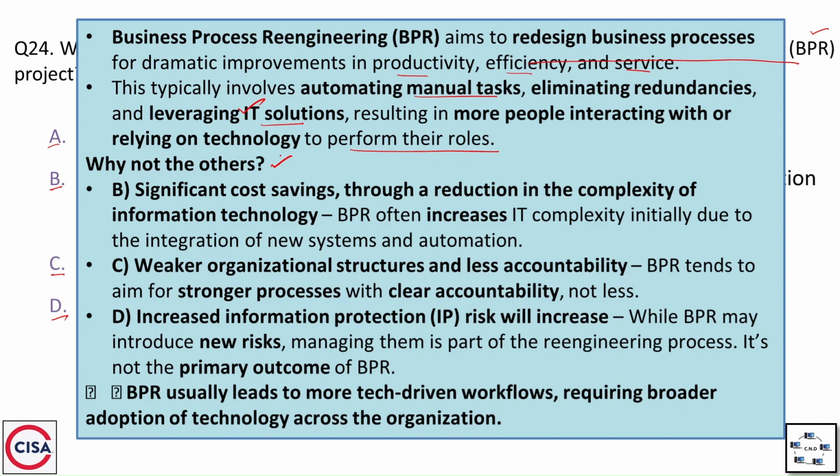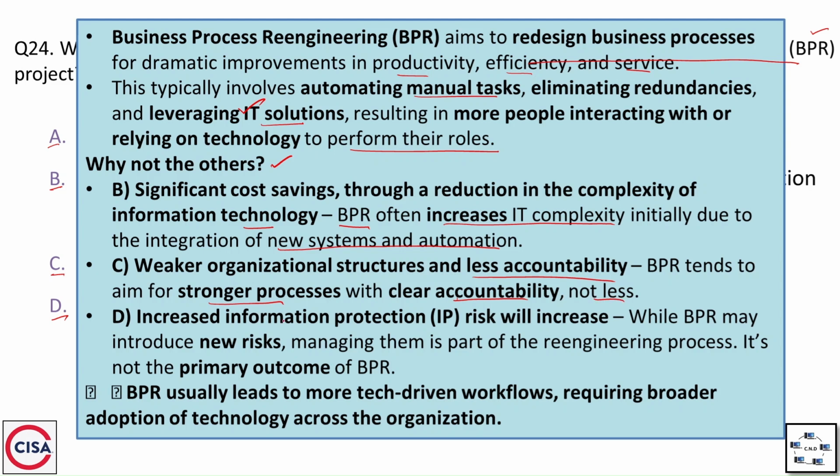Why not the others? Option B, significant cost savings through a reduction in the complexity of information technology. So BPR often increases IT complexity due to the integration of new systems and automation. Option C, weaker organizational structures and less accountability. BPR tends to aim for stronger processes with clear accountability, not less.